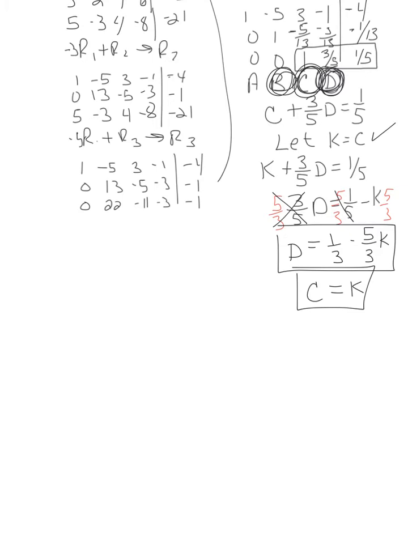Okay, so look where I'm at. I'm way up here at the top. Right here's B. Okay, so I have 1b minus 5/13 c minus 3/13 d equals negative 1/13.